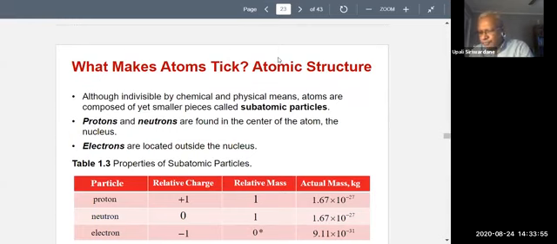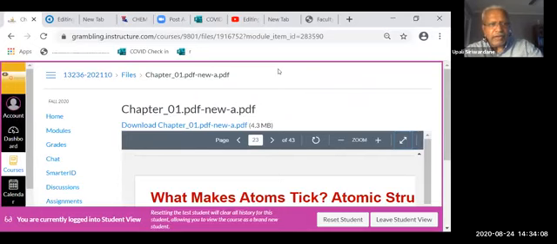I'm going to stop today and do some problems at the end of the chapter, just to give you an idea where you can go and look at questions.